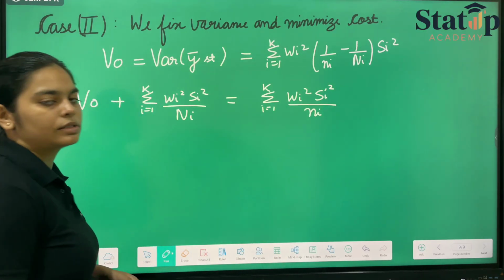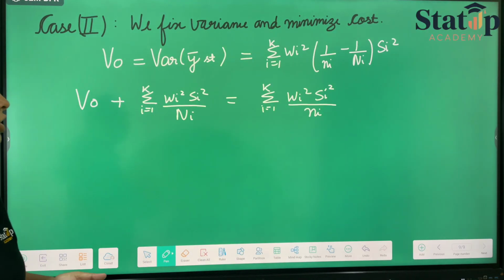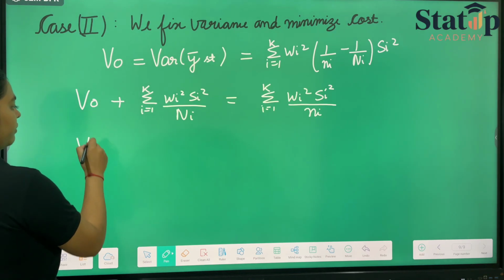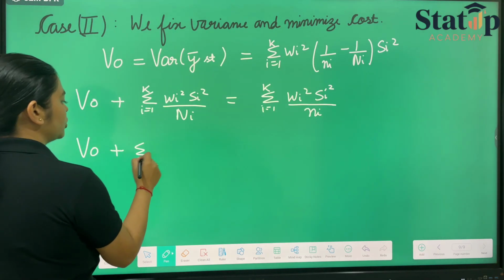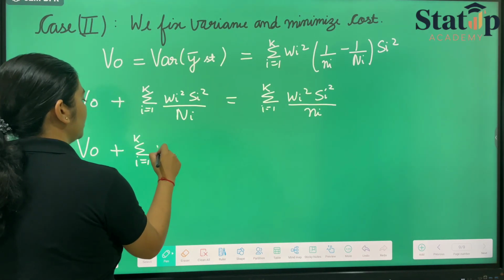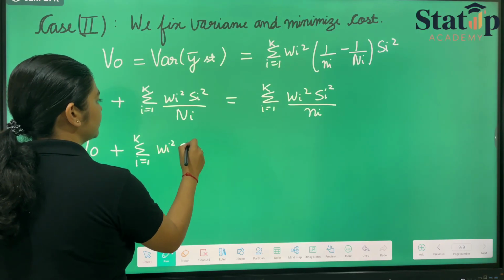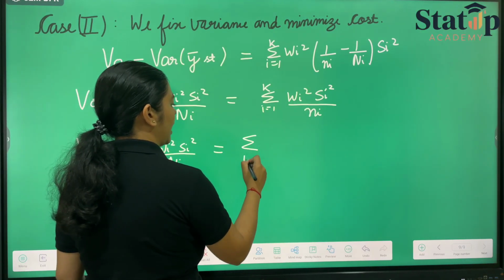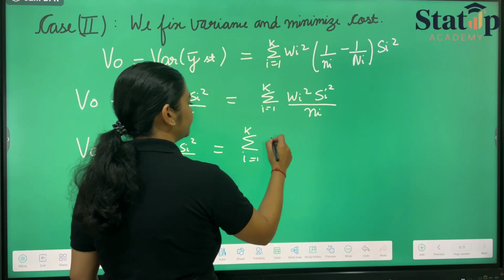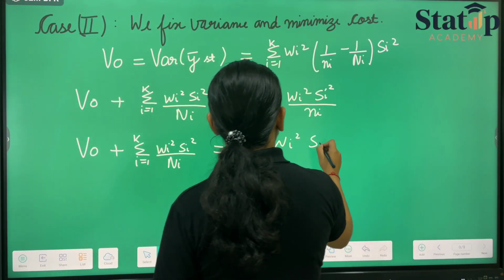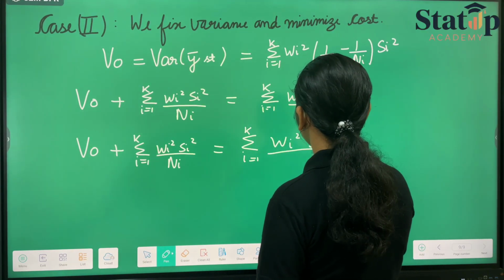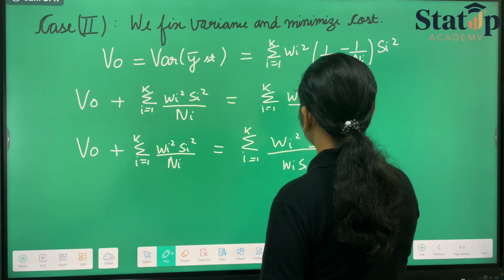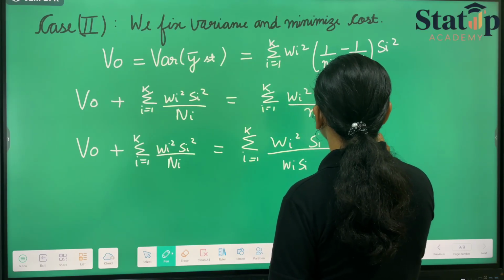Now we can replace again small ni from equation number 1. So we will get V naught plus summation i goes from 1 to k Wi square Si square upon capital Ni is equals to summation i goes from 1 to k Wi square Si square upon Wi Si into root Ci.